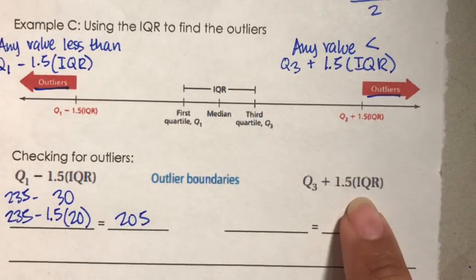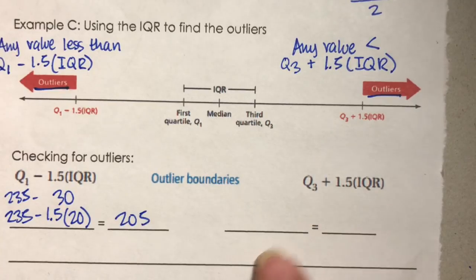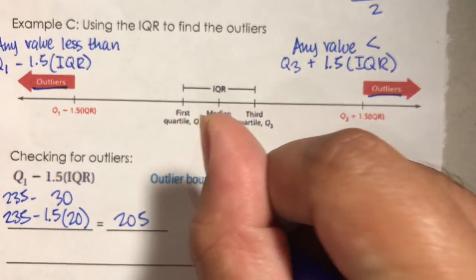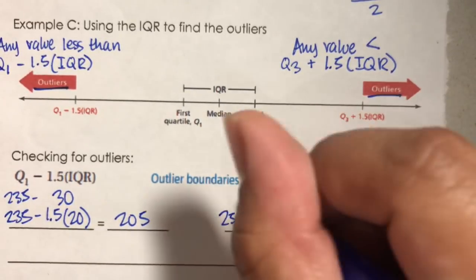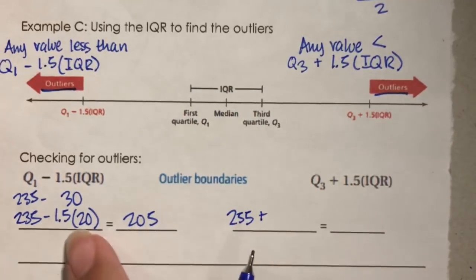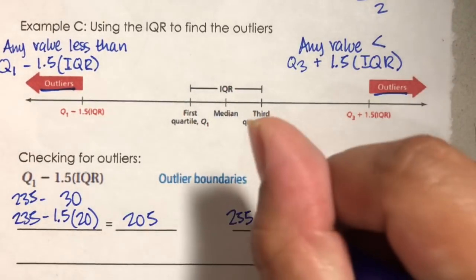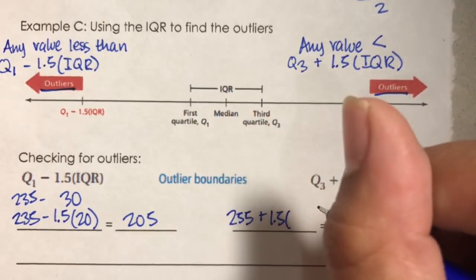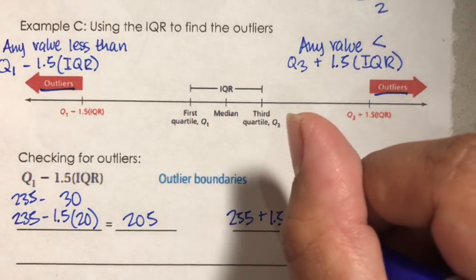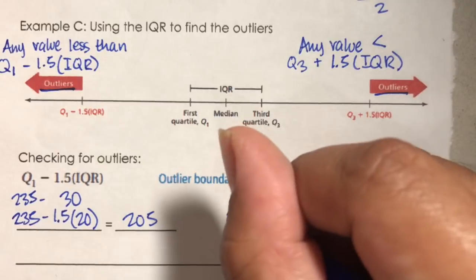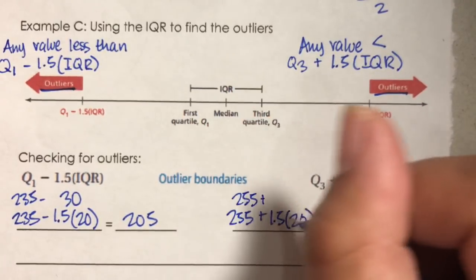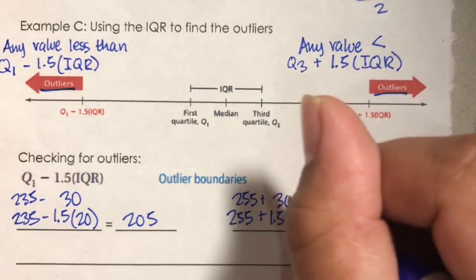So on the other side, we have 255, that's our third quartile, plus, not subtract, plus for this side, 1.5 times our interquartile range, which is 20. Again, 1.5 times 20 is 30.